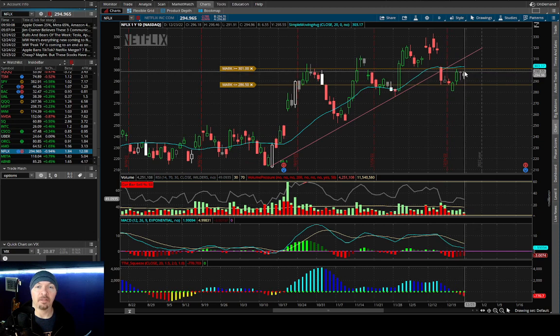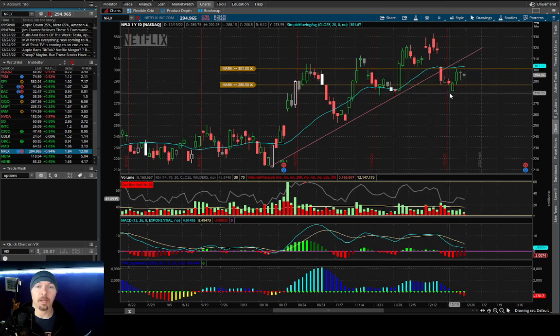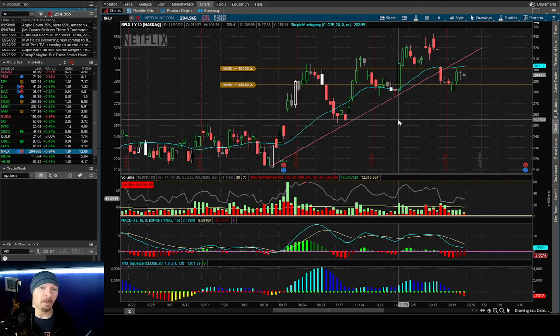But we did close that farthest. So if we bleed off tomorrow and go the other direction, we have plenty of room to fall. So breaking here, we've got this structure here at 281. It looks like we've got some demand here in this zone, which looks like 280 to 275. Below that, it's going to be a long way down.